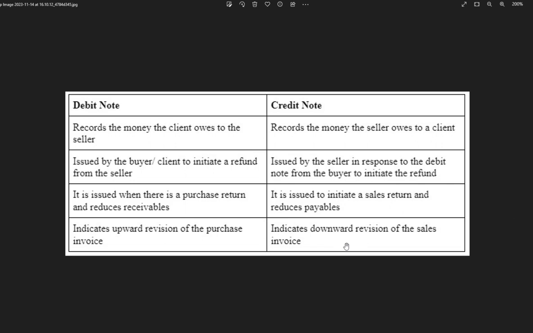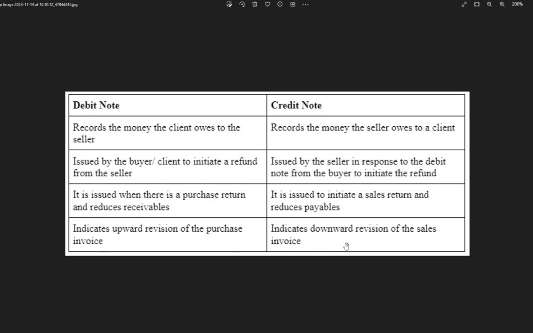Whereas credit note indicates downward revision, meaning the goods which I had sold to the wholesaler worth rupees 2 lakh, out of which 50,000 worth of goods he has returned back to me. Now I have to refund the money of 50,000 to him. That will indicate a downward revision of sales.